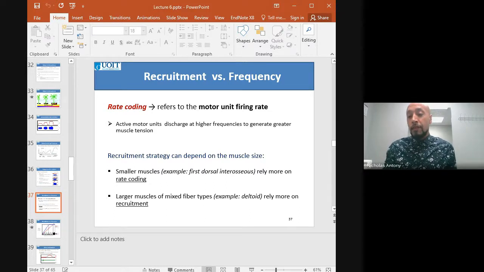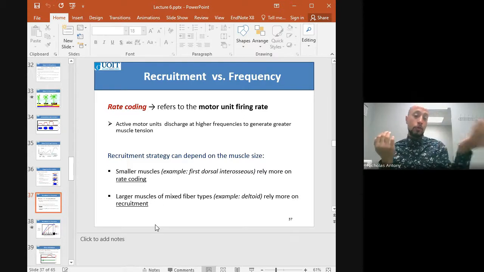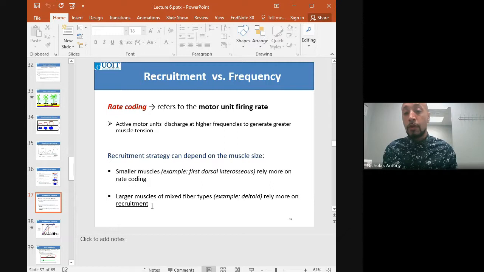Based on the fact that to increase the force of a muscle, you either recruit more motor units or you take the motor units that you have and fire them faster, you either do motor recruitment or rate coding. We notice that larger muscles rely more on motor recruitment for increasing force, whereas smaller muscles rely more on rate coding.